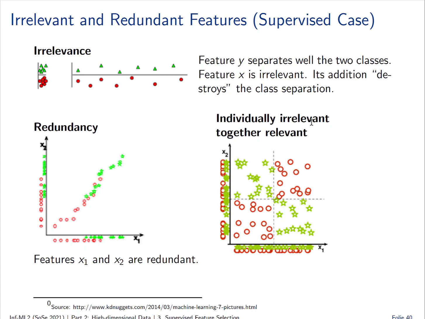So I just want to stress that relevancy or irrelevancy shouldn't be judged on a pairwise basis, or individually, because in high-dimensional cases, many different things can happen. And this is a good example where things happen which are on first glance quite unintuitive, but if you think about it, it makes absolute sense. So we have two highly irrelevant features in that case, x1 and x2 are extremely irrelevant in order to discriminate between green and red.